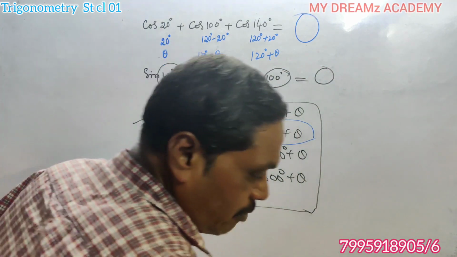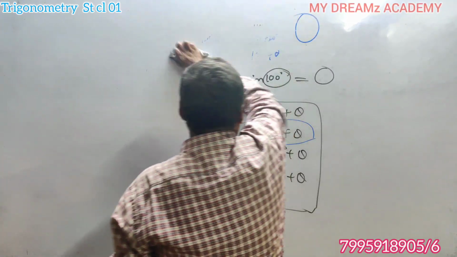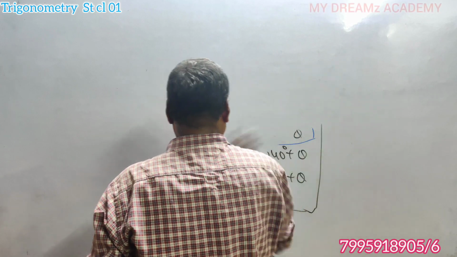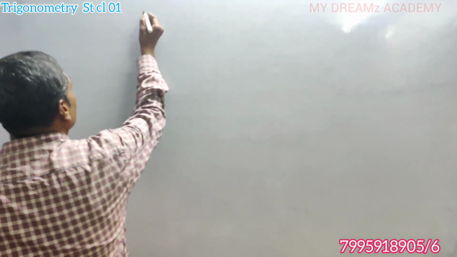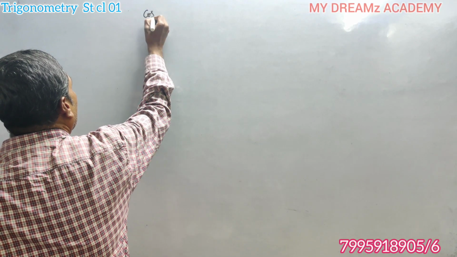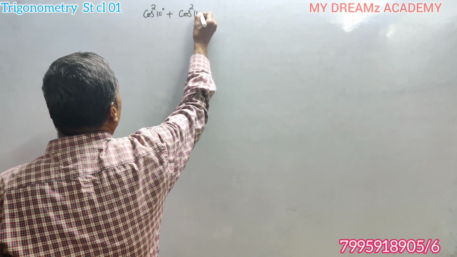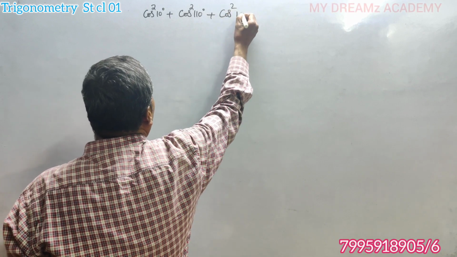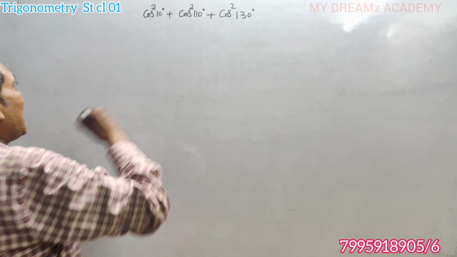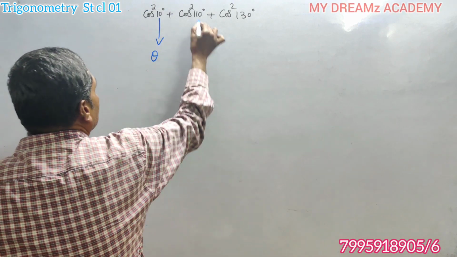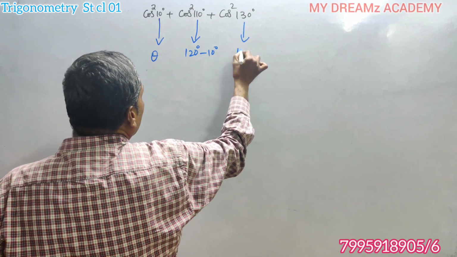Suppose, see one more method. Cos square 10, cos square 110 plus cos square 130. Angles are the same. This angle is theta, this is 120 minus theta, 120 plus theta.